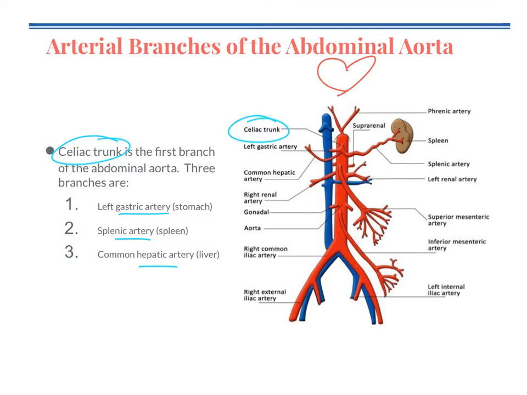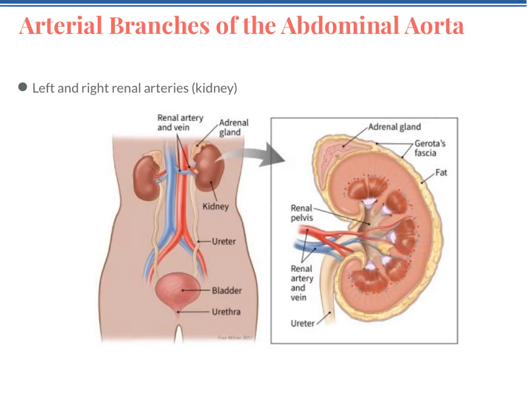The gastric artery takes blood to the stomach. The splenic artery takes blood to the spleen, and then the hepatic artery takes blood to the liver. So that celiac trunk is this first big branch that pops off of that abdominal aorta, and it goes to the stomach, the spleen, and the liver.